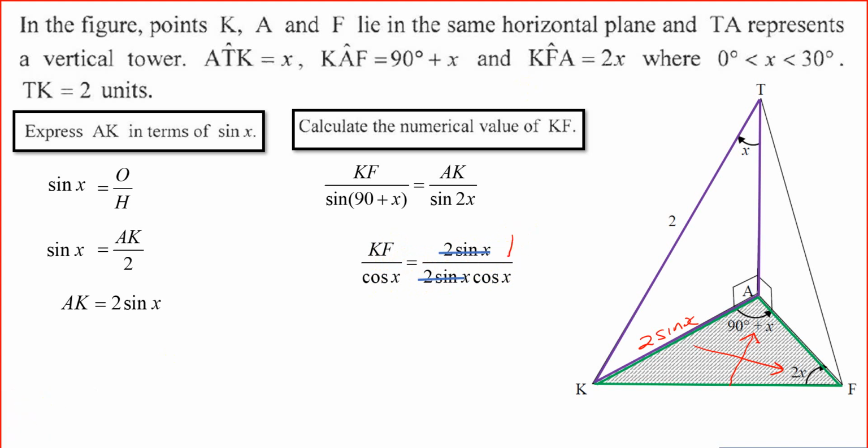If we cross multiply, we get KF times cos X is equal to 1 times cos X. Then we divide both sides by cos X, and you will notice that KF will be equal to 1 unit.